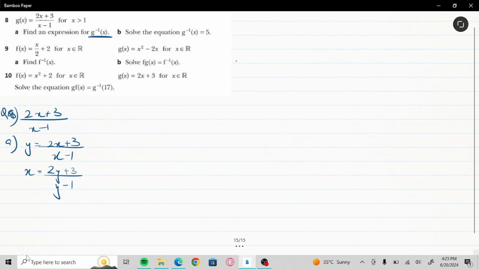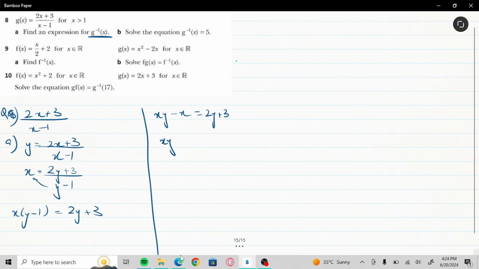So what we do is, first of all, we multiply by (y - 1). x(y - 1) is equal to 2y + 3. We are just simplifying the equation right now. No methods, just simplifying it. xy - x is equal to 2y + 3, and that will become xy - 2y is equal to x + 3.